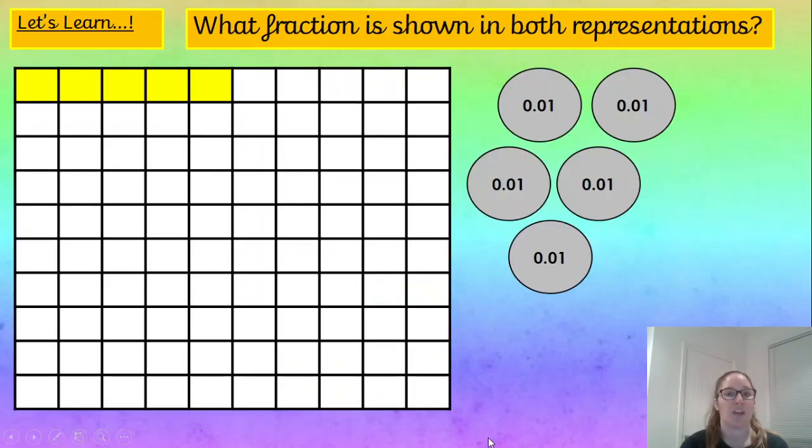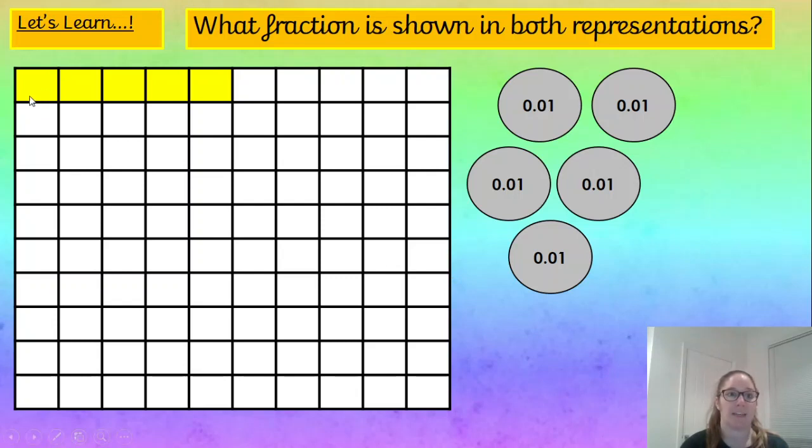Okay, so what fraction is shown in both representations? So we've got the 100 square, a shape divided into 100 equal pieces, and we've got some place value counters. What fraction is it showing?